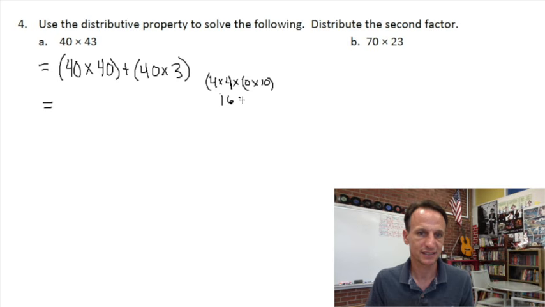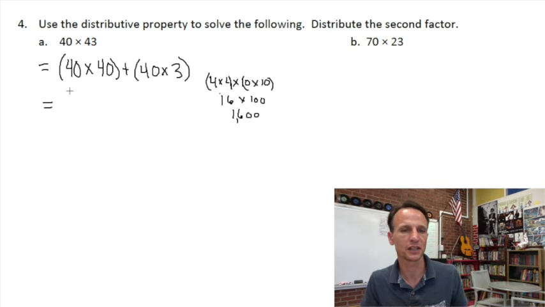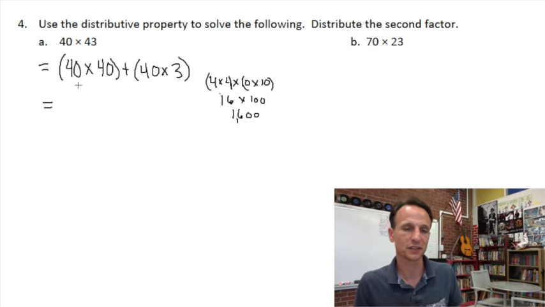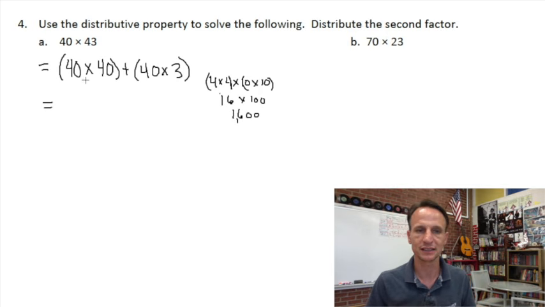So that's 16 times 100, which is 1600. Now, there are all sorts of shortcuts. People will tell you how to do this, and I've used them myself. I've taught them. But that's a good logical way of thinking about it: 16 times 10 times 10, or 16 times 100, 1600.